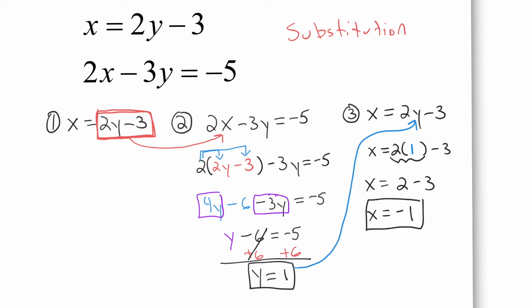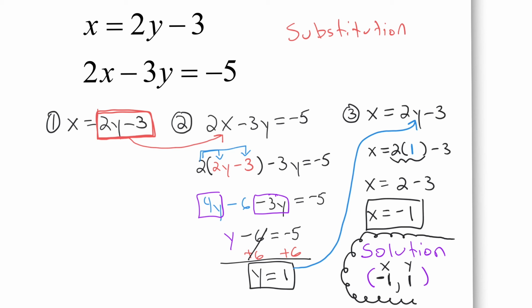So for the solution, remember that for a system of linear equations, you guys have the solution inside the parentheses, and you always write the x value first. So the negative 1 here, and the y value will be positive 1. It's always alphabetical order. When you guys have an ordered pair, x is always first, and then the y. So my solution for the system is negative 1 comma positive 1.